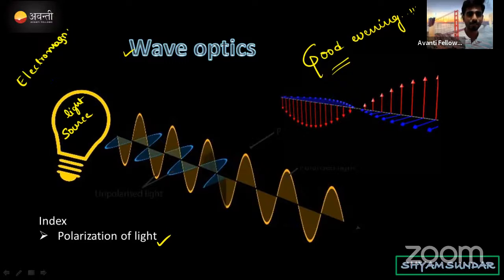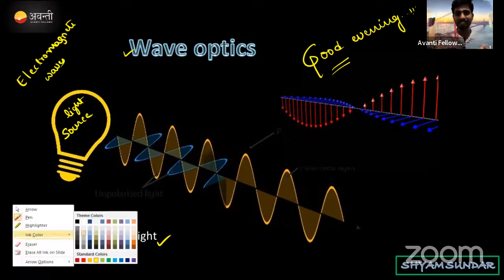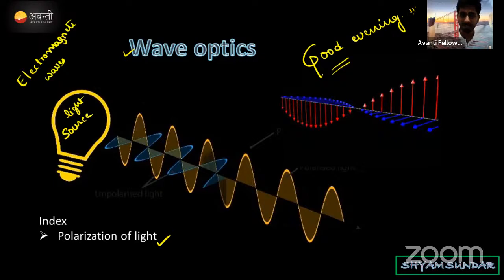Electromagnetic waves means the light source which is emitting the wave consists of an electric field along with the magnetic field. Both the waves are associated with this light source. Here in this light source, electric fields are like this.